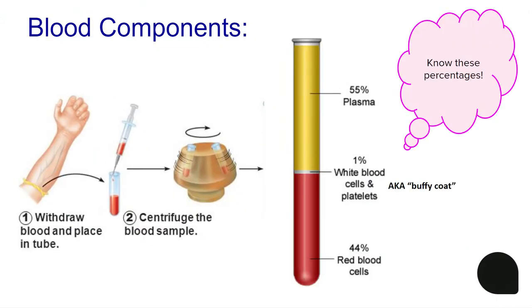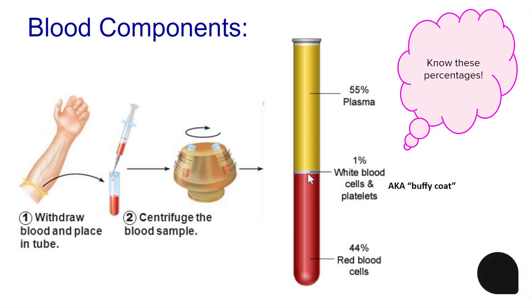All right, we are going to focus on our blood components. If you take blood and put it in a test tube and spin it around in a centrifuge, you're going to see the heavier components sink down to the bottom and the lighter, less dense components float to the top. Down here, you'll see that less than half, about 44% of your blood, is made of red blood cells or erythrocytes.